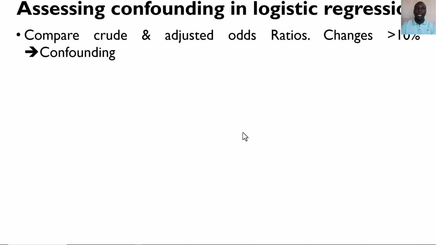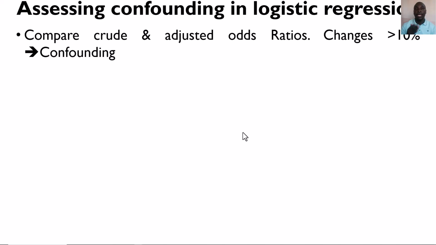However, before we do that, we have some basic principles that we have to first understand. In assessing for confounding, what we are essentially doing is to, first of all, run our model without that potential confounder to get the crude model. That crude model gives us the crude estimates, or odds ratios to be specific.